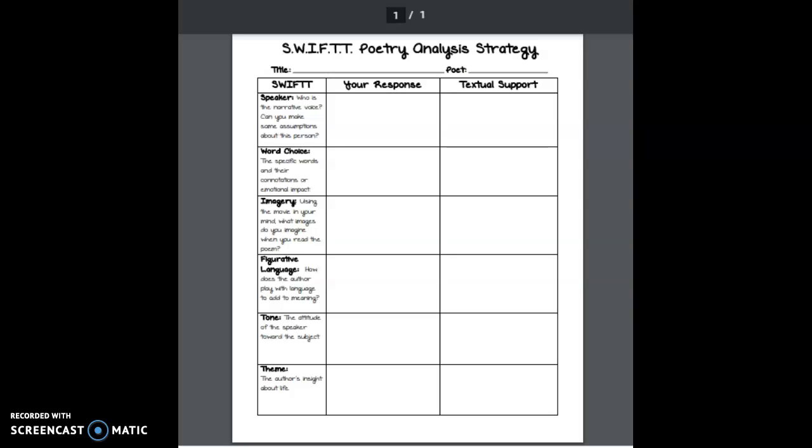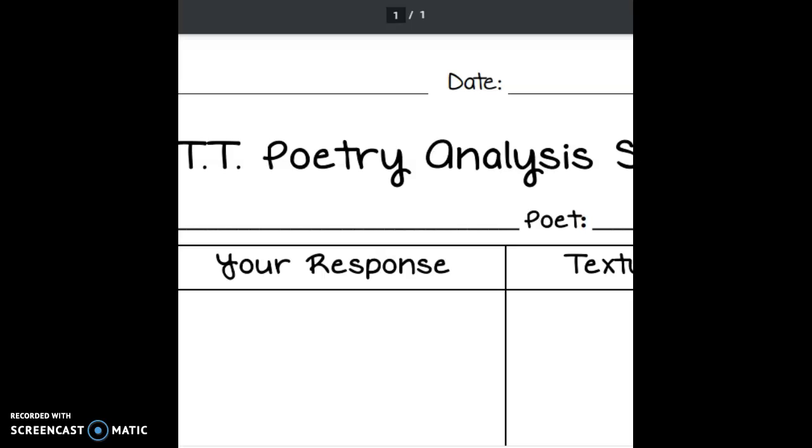And so when we're reading our poem or our song, whatever we're going to be analyzing this week, I want you to think about looking for any objects that may be presented in the song or the poem to represent something else.